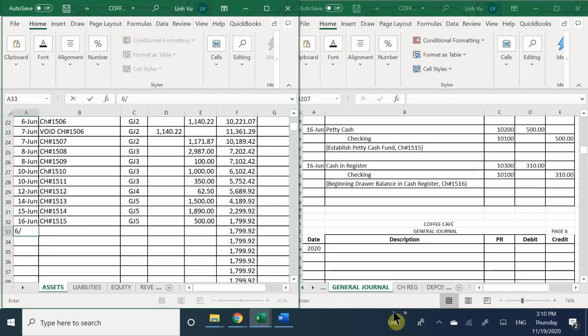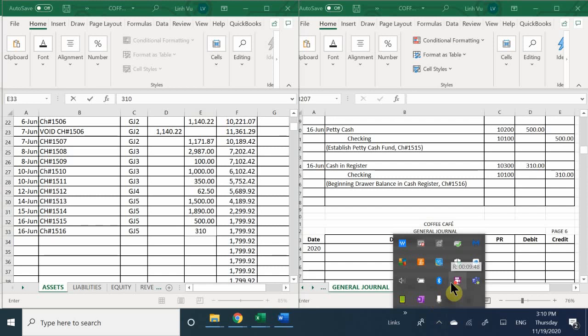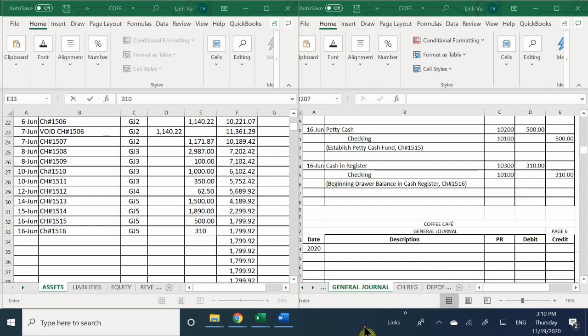Okay, so then we need to go to our checking account and deduct from our account the $310. Correct. So 6/16, check number 1516, general check 5.